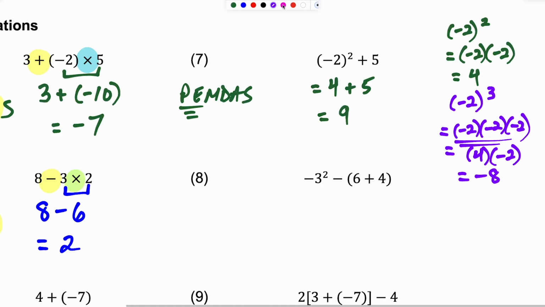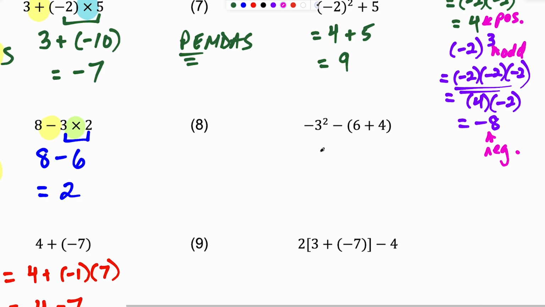So one nice thing, when you're doing a negative base to an even power, so notice this power here is even, you get a positive number at the end. I'll just abbreviate positive like this. And when you have a negative base to an odd power, the result comes out negative. So this is just something to be on the lookout for in questions like this. But for question 7, we should have 9.